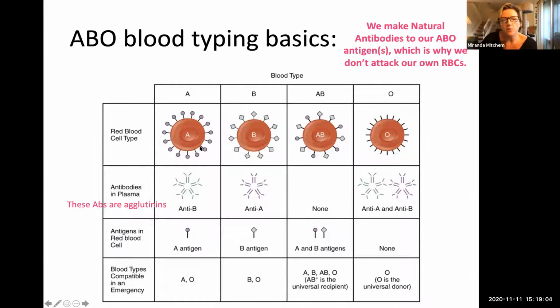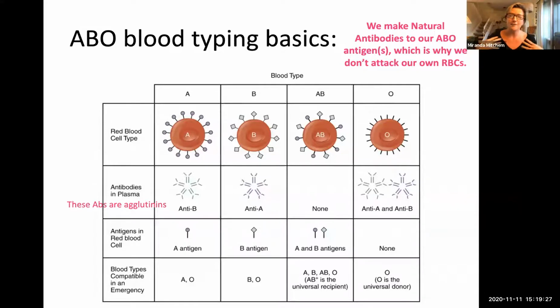Now, the reason why people with blood type A don't respond to blood type A if they're given A blood is because they've tolerized. They've gone through that process of immune self-tolerance where they've learned not to respond to self antigen.